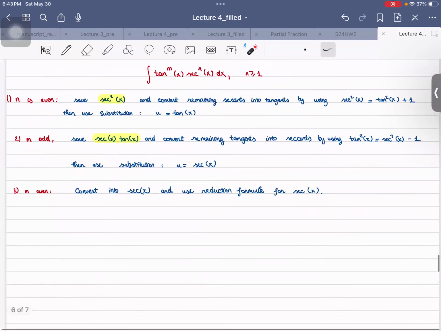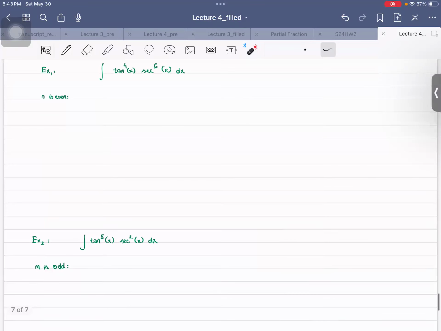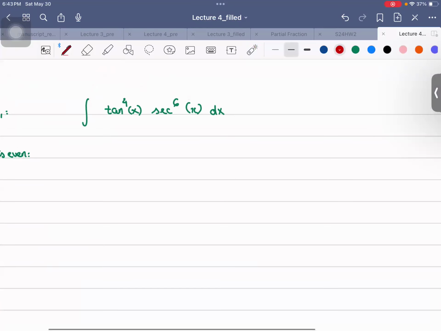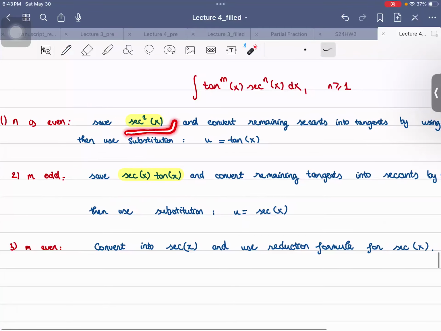After that, you're going to use the substitution u equals tangent of x. Firstly, I need to save secant square, so I have to split the powers of secant. I have secant to the power of 4x times secant to the power of 2x because I want to save secant square.